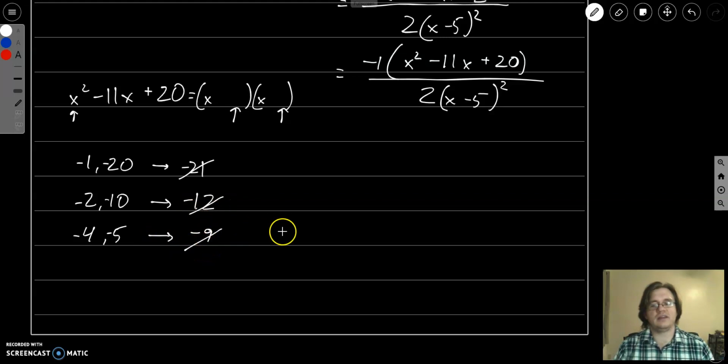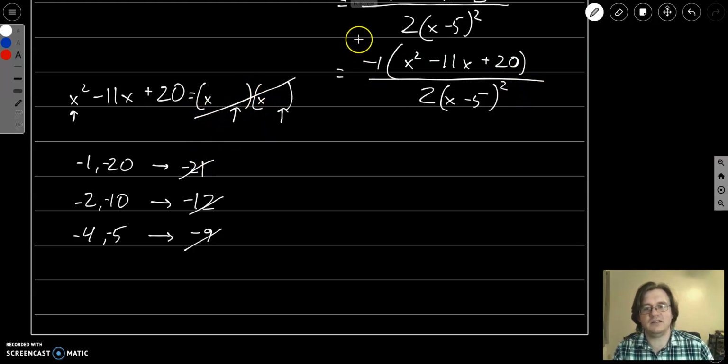Well, that doesn't work either. So nothing works, which means this isn't factorable. And this expression is what's called irreducible. It's like a prime number in the sense that I can't factor it. It doesn't have any nice factors like this. So in fact, this is our final answer.